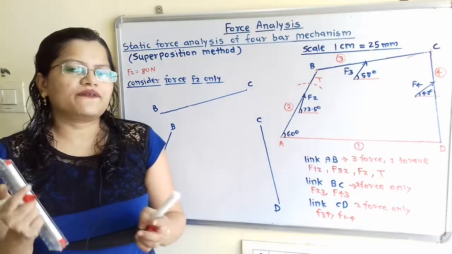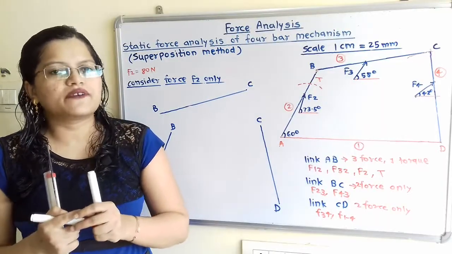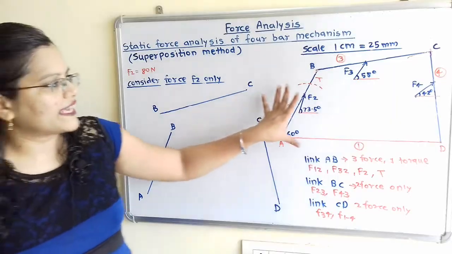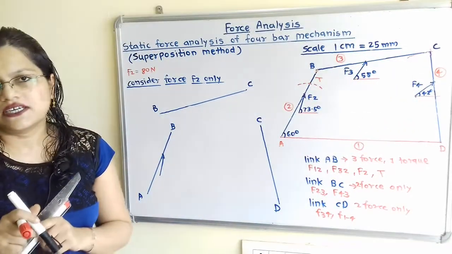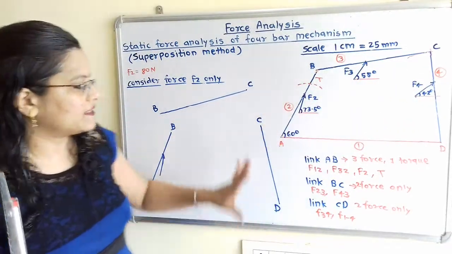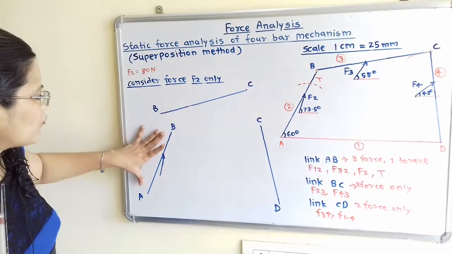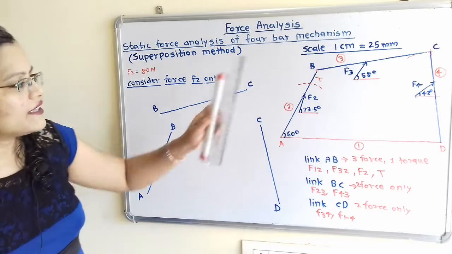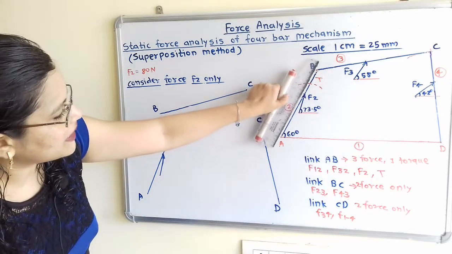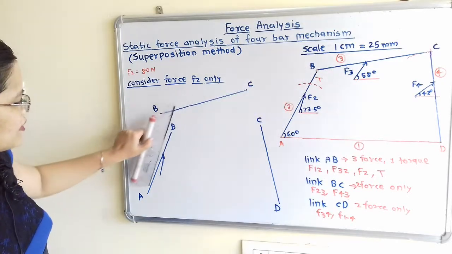Now we will draw the free body diagram. So how to draw the free body diagram? We have to take the reference for this diagram, that is the 4-bar mechanism. So we have to take the same length for this link AB. We have to transfer it in the parallel direction, that is with the help of a roller we can easily transfer this.